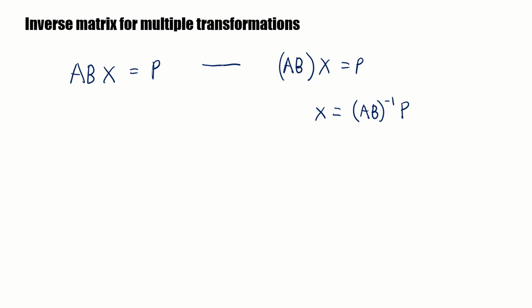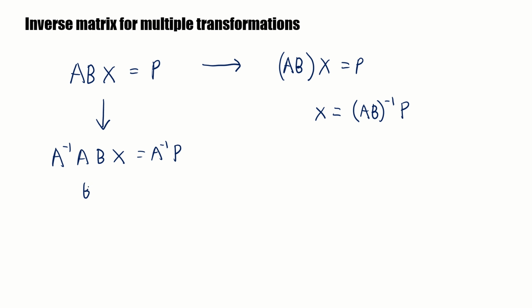But there is a different way we could go about it. Alternatively, we could keep it as the two separate matrices A and B, and therefore we could try to undo them one at a time. The first one we'd have to undo is by multiplying the front of both sides by A inverse, because an inverse matrix is only going to cancel out its corresponding matrix if it's right next to it. And if we multiply the left-hand side at the front by A inverse, we have to multiply the right-hand side by the front by A inverse as well.